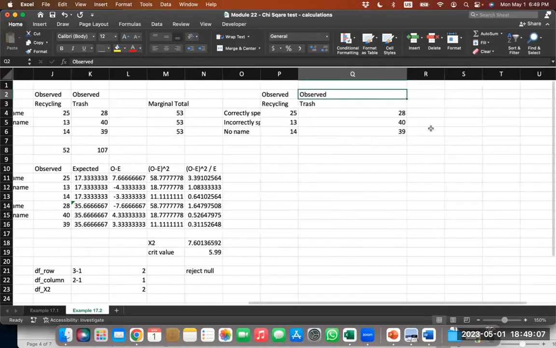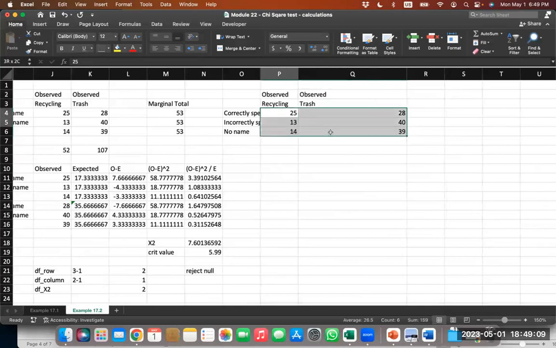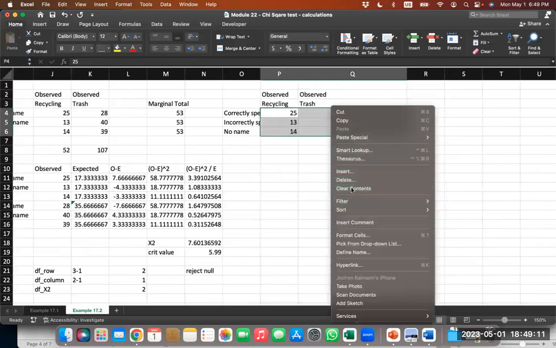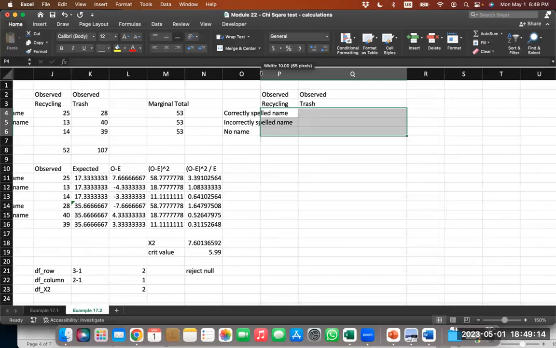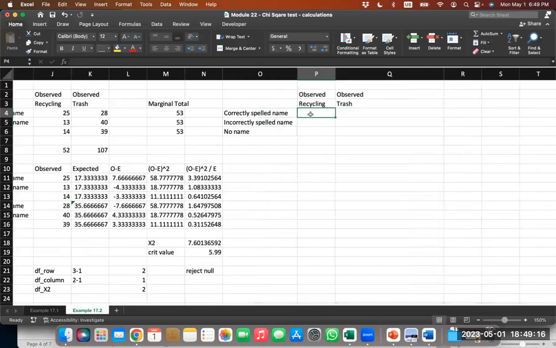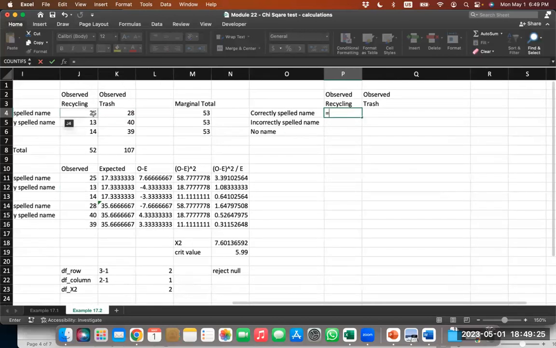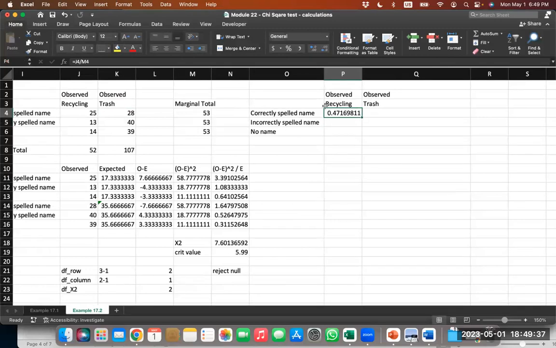So what you're essentially doing now is calculating the probability of being in one particular cell in reference to the total of that independent variable. So observed recycling and a correctly spelled name, divided by your marginal total, gives you a probability of being in this group if you had a correctly spelled name on it.